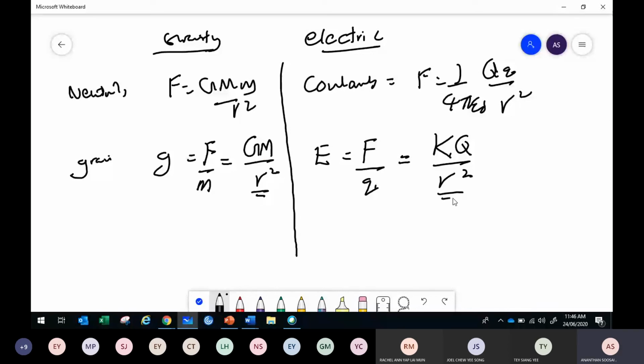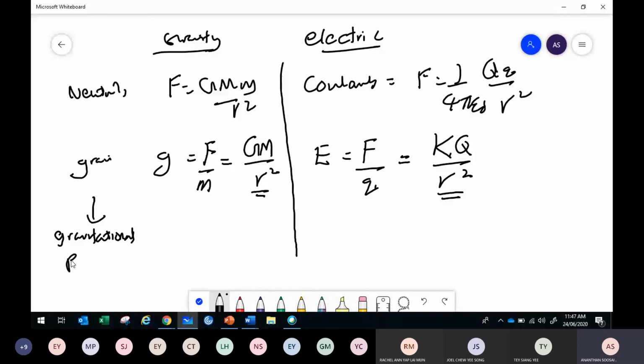Look at the electric field. It's similar: the constant G is now k, and mass has been replaced with Q. Other than that, same. Why am I writing this? Because I want to tell you the third one. After force and gravitational field strength, the third thing you learn about gravity is gravitational potential.